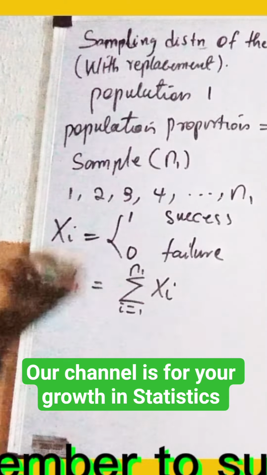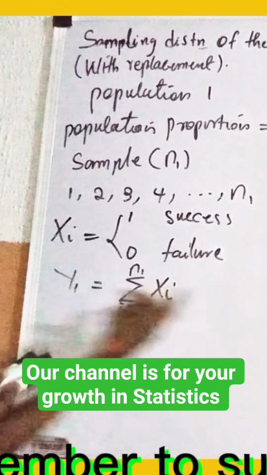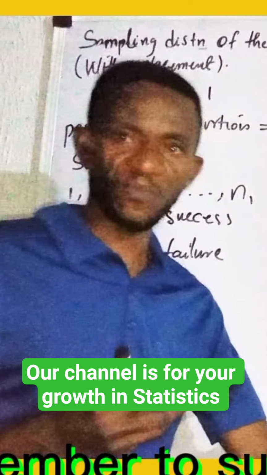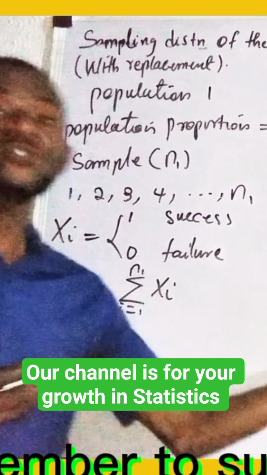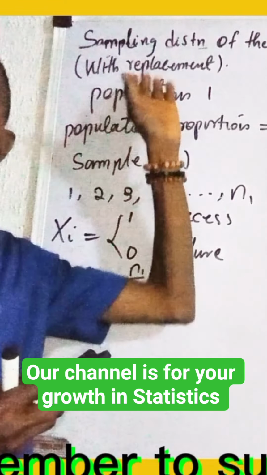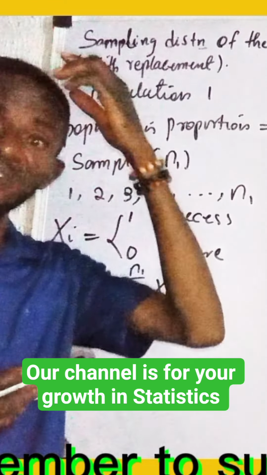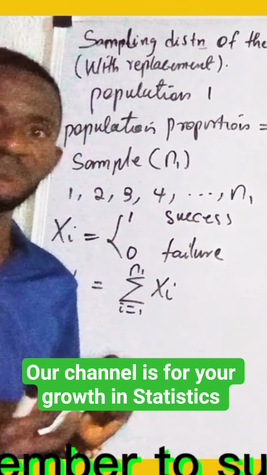Now, we want to determine, first of all, what is the distribution of y1 and what is the distribution of y2. When we talk about the distribution of y1 and y2, we are going to make reference to with replacement and without replacement. But what we are discussing now is for with replacement.